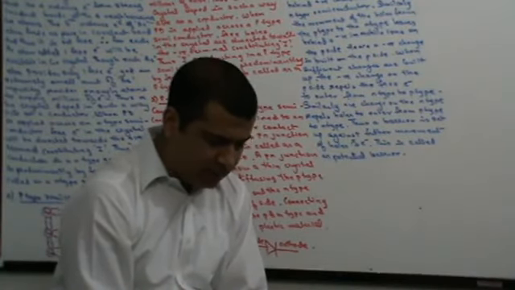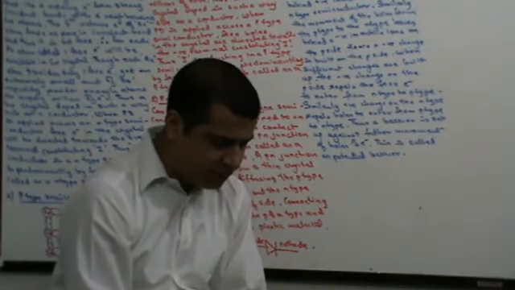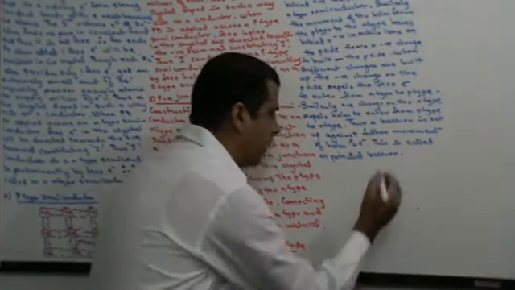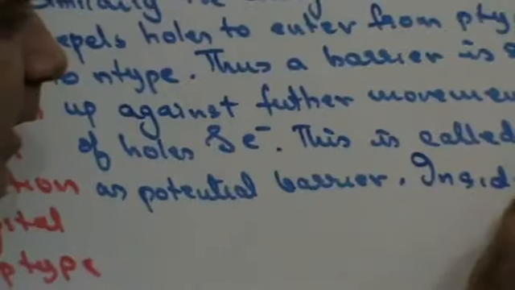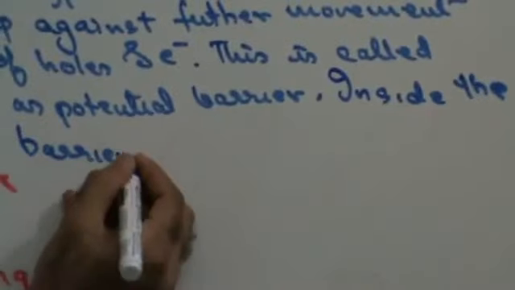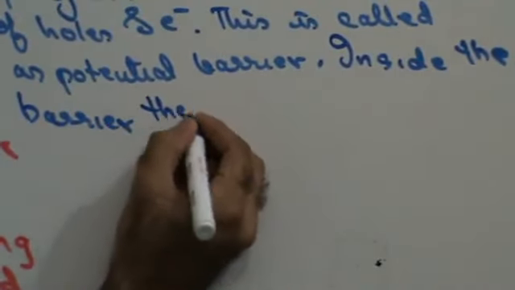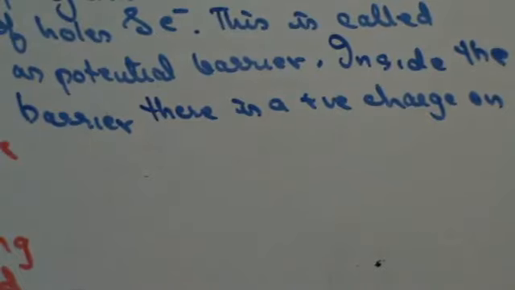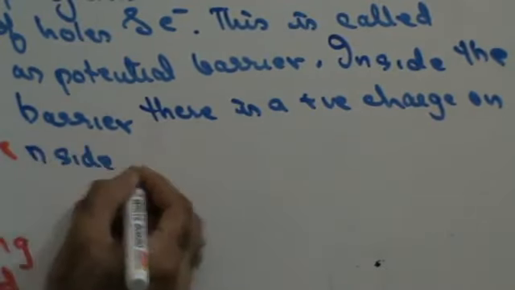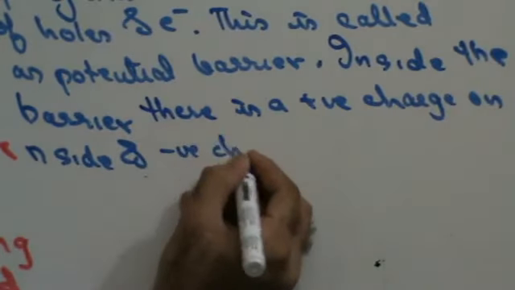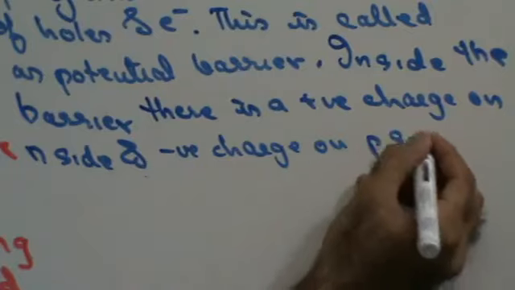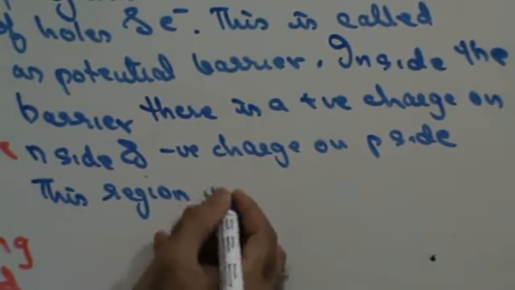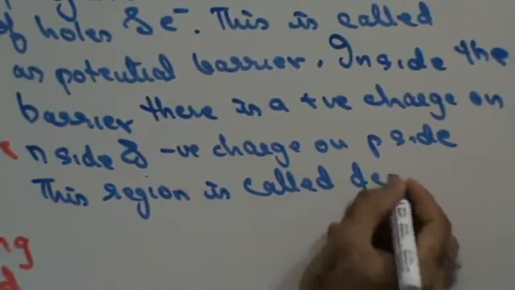Only inside the barrier there is a positive charge on the N type and a negative charge on the P type, and this region is called the depletion region.